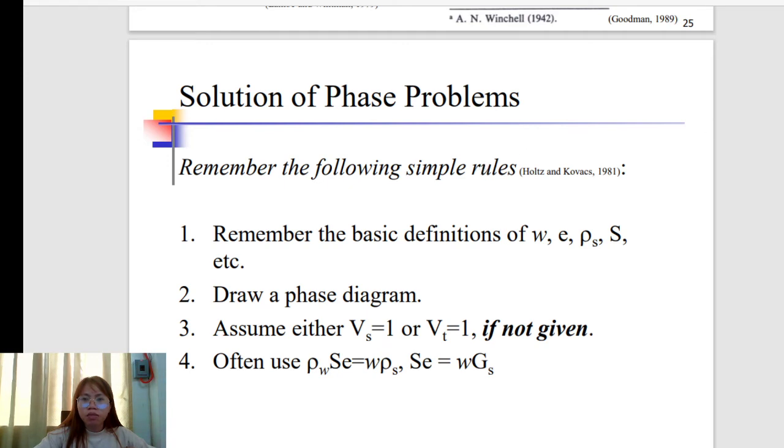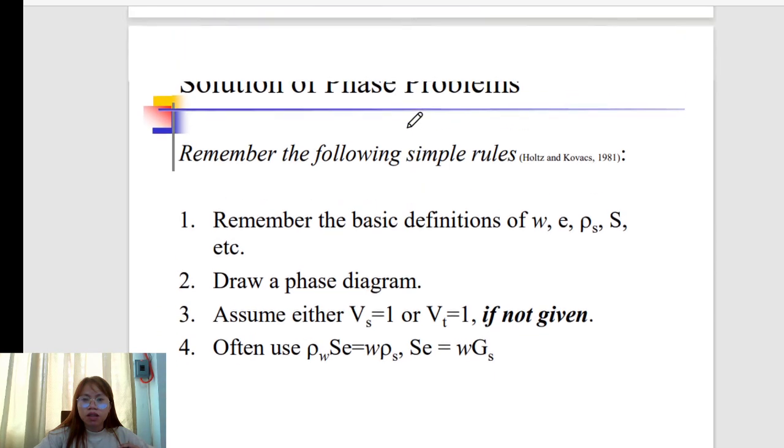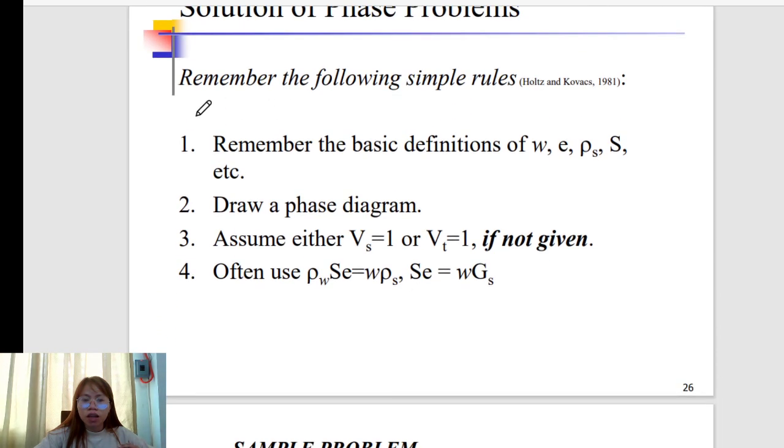Solution of phase problems. If there are computations or problems, we just have to remember the following simple rules from Holtz and Kovacs in 1981.